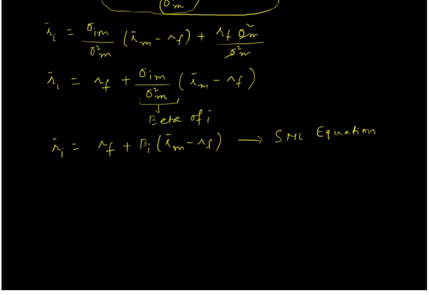And we can also write an alternative form of this equation. We can write the excess return on the asset I, which I'm writing by just transposing this Rf to the other side, would be equal to beta of I times the excess market return, which is this. So this also is equivalent to the previous equation.